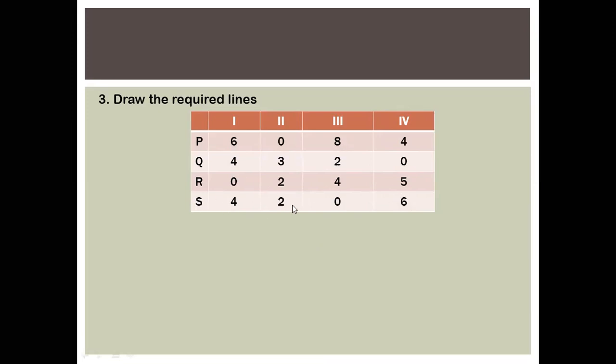And in the fourth, there is again only 1 zero. So all the rows are having 1 zero each. So that means there is a tie in all the 4 rows together. So I will draw the lines like this. Now as there is a tie, there will be no column drawings in this particular case.